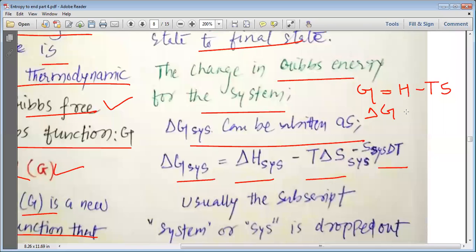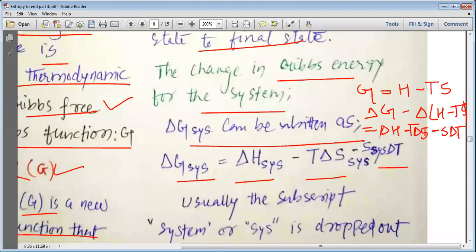That delta G is equal to delta H minus delta of TS. That means we can write it easily as delta H, and one time it is T delta S, and the second time it is S delta T.